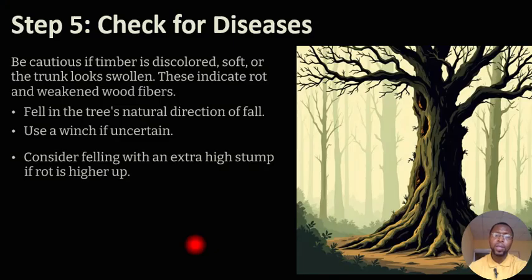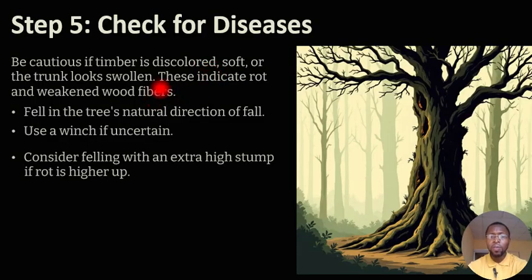And then we go to the fifth step. The fifth step is to check for diseases on the wood or the timber. You need to be cautious of diseases on the timber, such as discolored timber or softness of the timber itself.